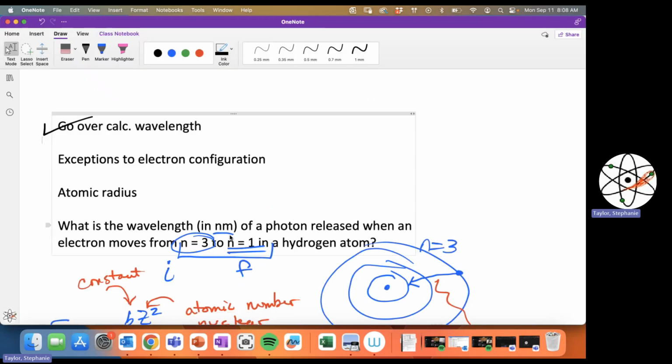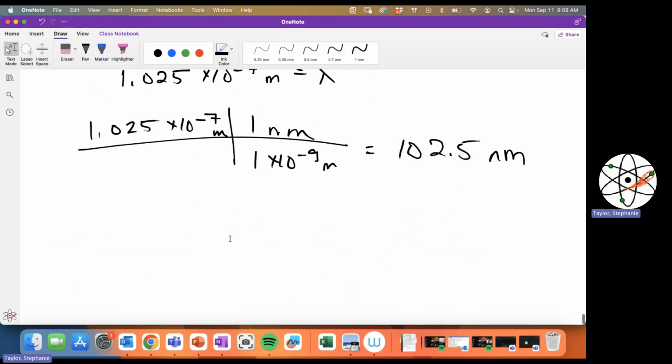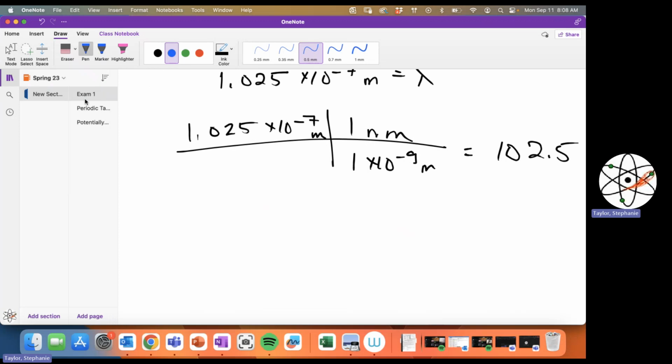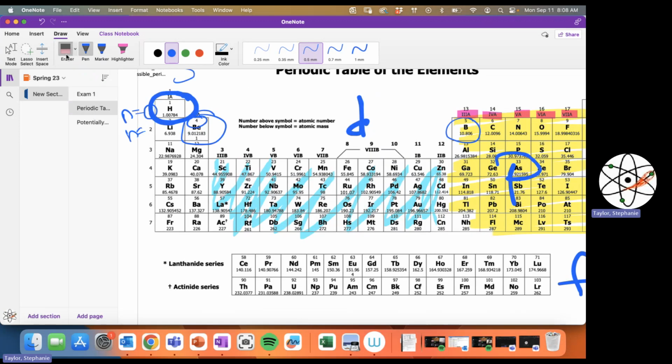In reality, there actually are more exceptions than that, but we are just going to assume that there are only 5 exceptions. And the 5 exceptions we're going to ask you to know about are chromium, molybdenum, so Cr, Mo, and then copper, silver, and gold, Cu, Ag, and Au. So those are the 5 that you are responsible for.